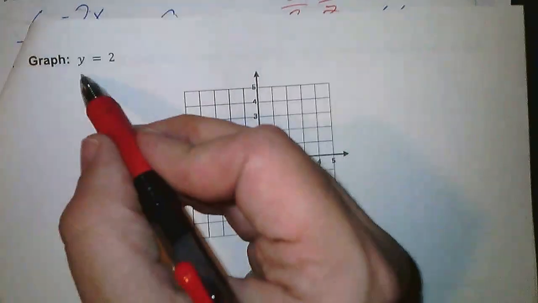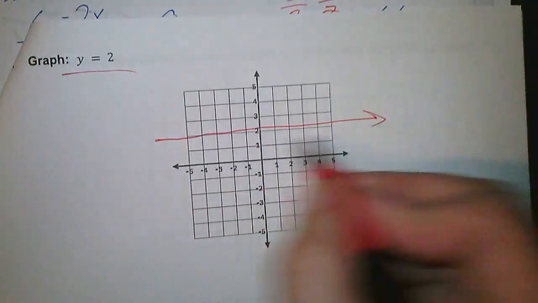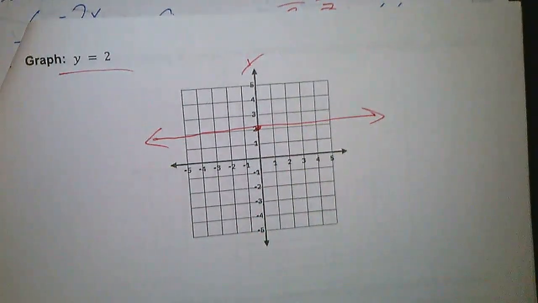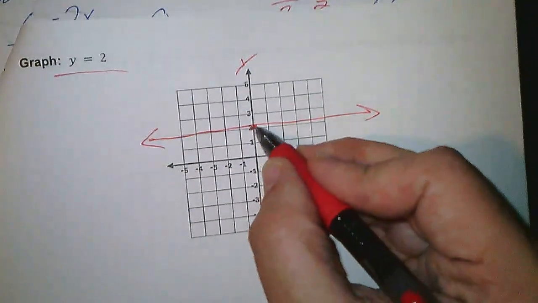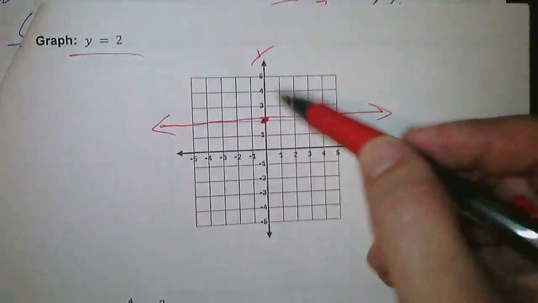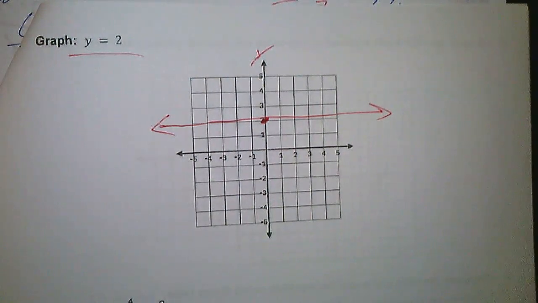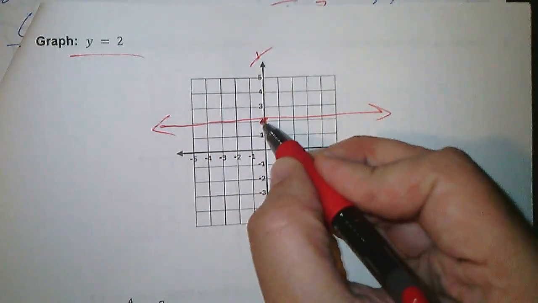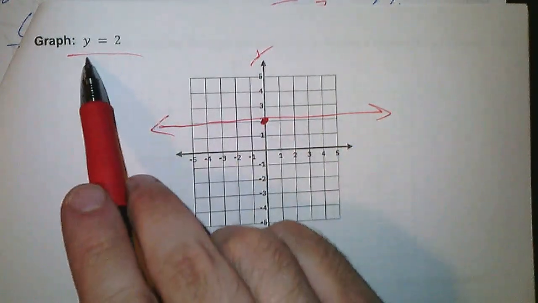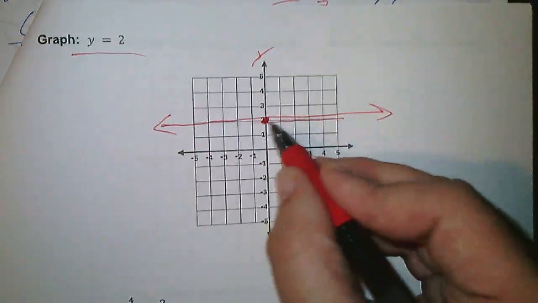And we'll do the opposite for y equals 2. We just make a line that goes through 2 on the y-axis. So I think for some students it's kind of counterintuitive. The y-axis goes up and down, so they think a y equals graph should go up and down. But consider just putting a point at the y value of 2 on the y-axis, and then we make a line that goes through it.